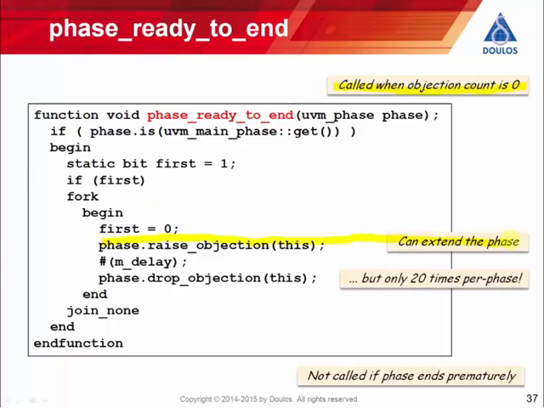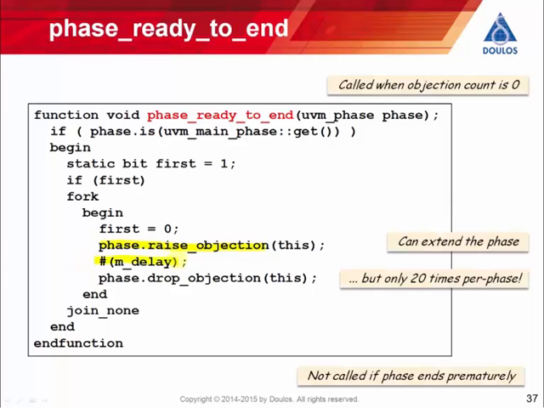What we're doing here in this particular overriding of phase_ready_to_end is to check which phase we're in. This if test says if we're in the main phase, then if it's the first time we've been through this bit of code, then we're raising an objection.